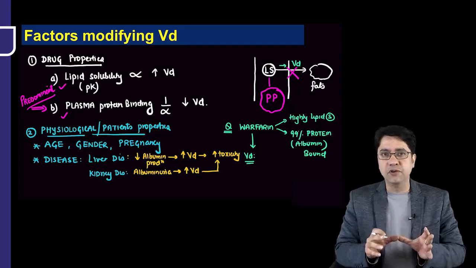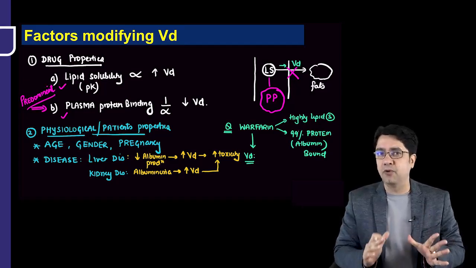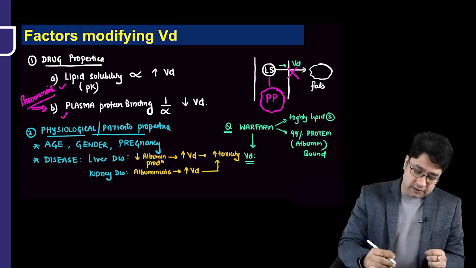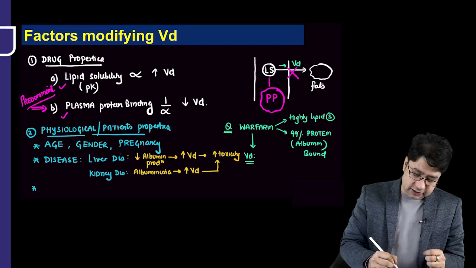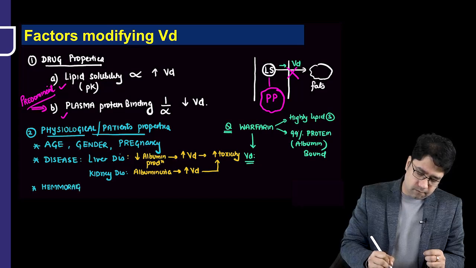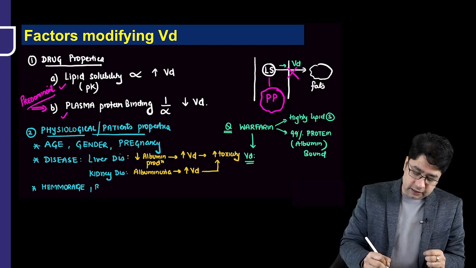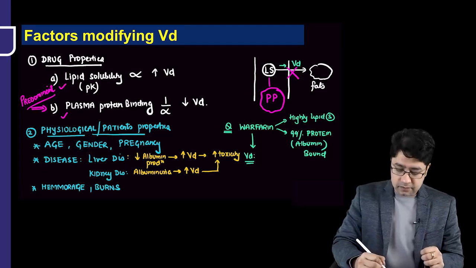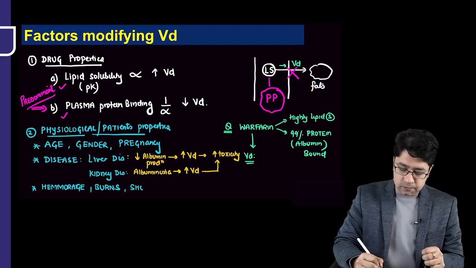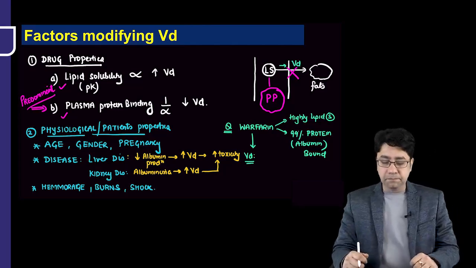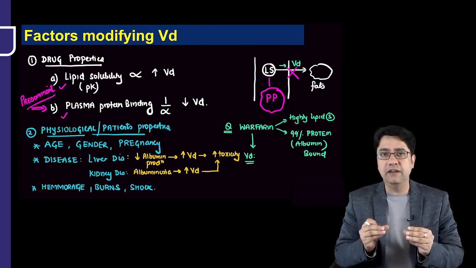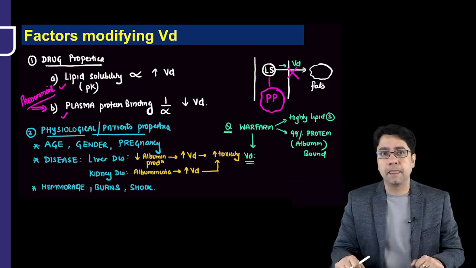Similarly, the composition of plasma and plasma protein changes with conditions like hemorrhage and blood loss. In burns patients, the plasma and proteins leak out of the blood vessel, and in shock also. So in burns and shock, the blood vessel becomes leaky.